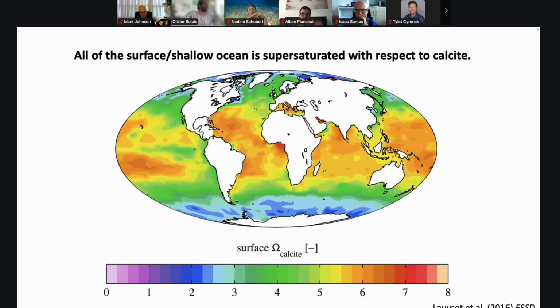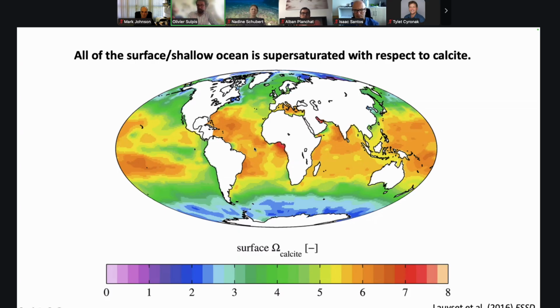And in fact, if we look at a map of omega in the surface ocean, we see that it's always, unless maybe some part just next to Siberia, above 1. So according to this map, we should not have any dissolution anywhere in the surface ocean.